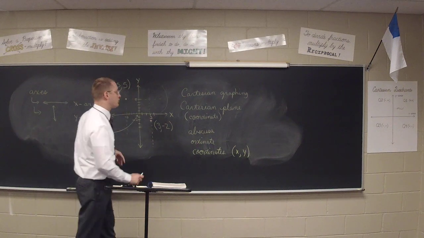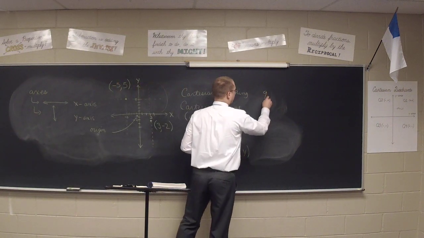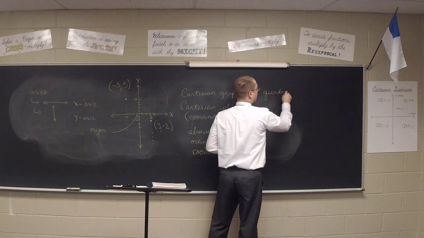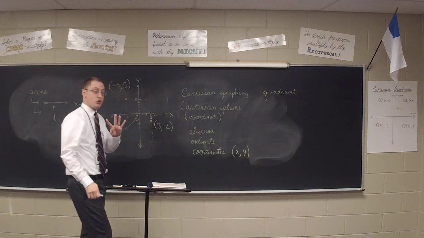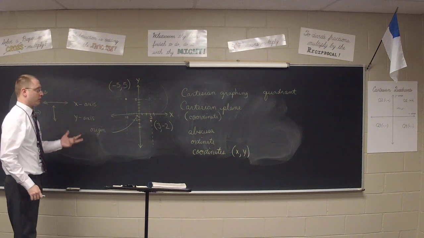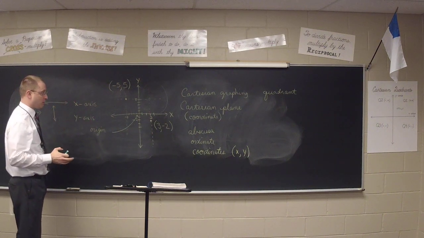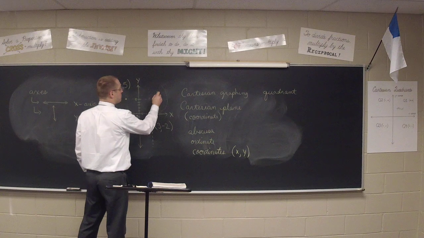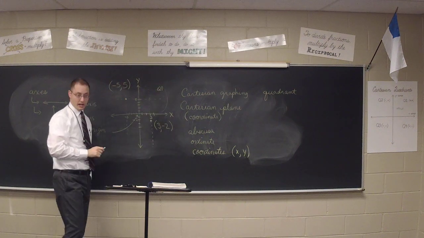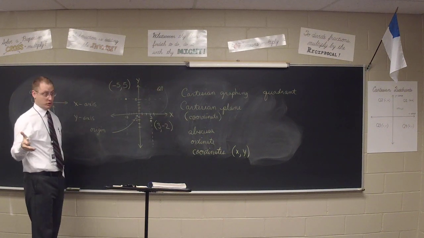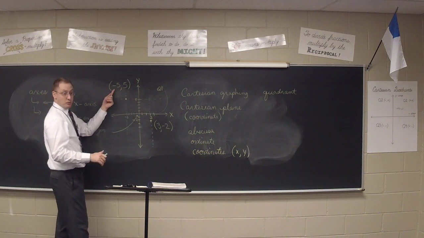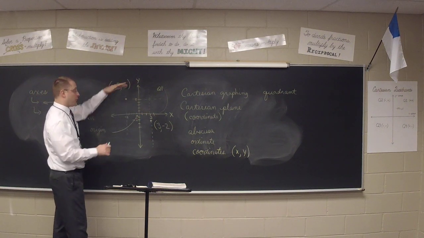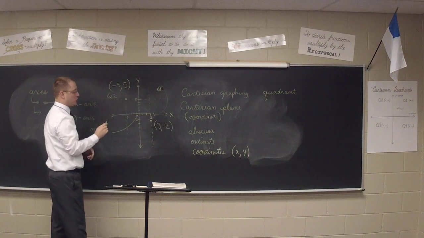Each section is referred to as a quadrant. A quadrant. There are 4 of them. Quad means 4. Quadrant refers to 4 sections of the Cartesian plane. This would be quadrant 1. It's the main quadrant. An x value that is negative, like we see here, with still a positive y value, puts us in quadrant 2.